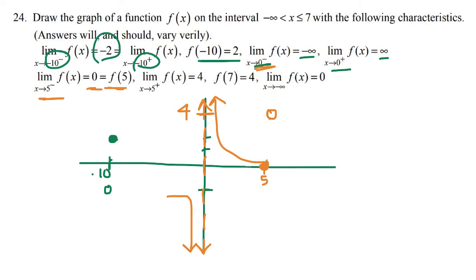All right, and then let's see, f at 7 is 4. So here at 7 is also 4, and that's a for sure point. And I know as x approaches -infinity, we're tending towards 0. So let's see, our graph, there's several different ways you could connect these. And so this one I think is going to tend this way.